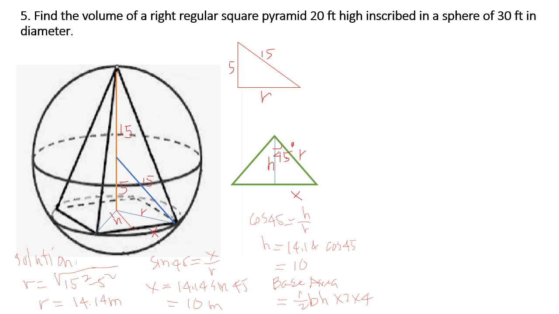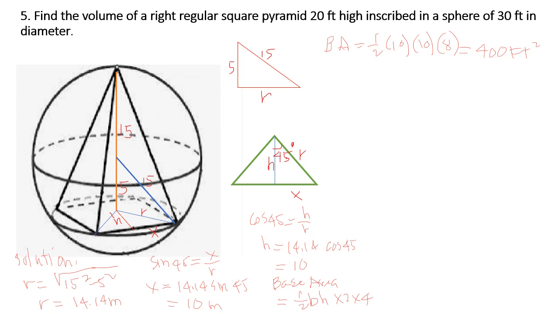So your base area equals 1/2 times 10 times 10 times 8, equivalent to 400 feet squared.